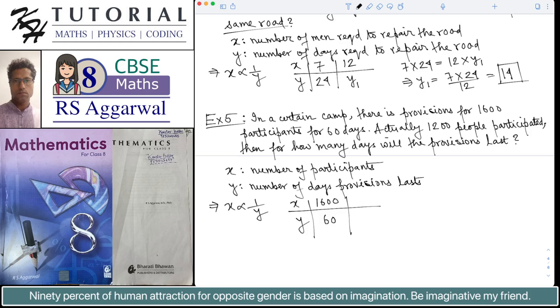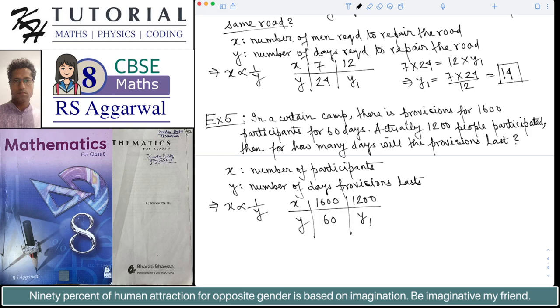Basically it is asking what will be the value of Y when the value of X is 1200. So let the value of Y be Y1, the number of days the provisions will last when the number of participants is 1200.